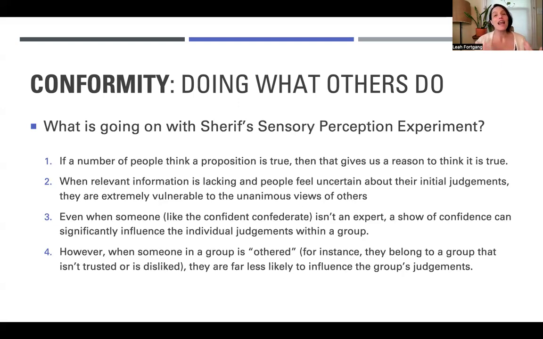But even if they're not experts, they didn't do anything like that in these sensory perception experiments, just a show of confidence. These confederates that came in said, no, I'm absolutely certain it moved 10 feet. That confidence alone, which can sometimes stem from being an expert, but in this experiment, not always, can really influence the individual judgments made within the group.